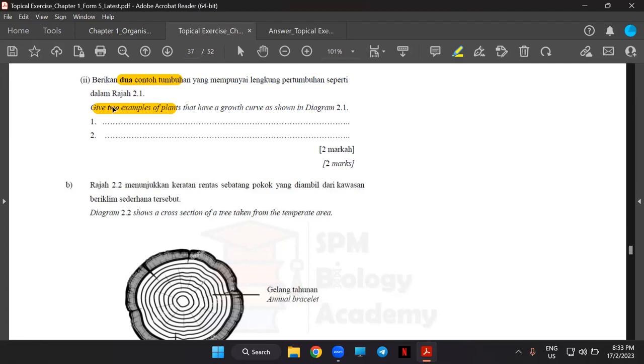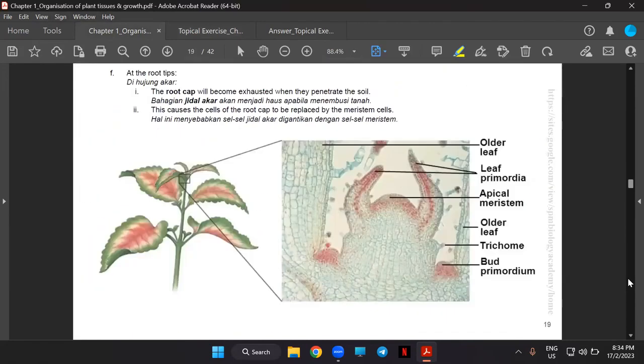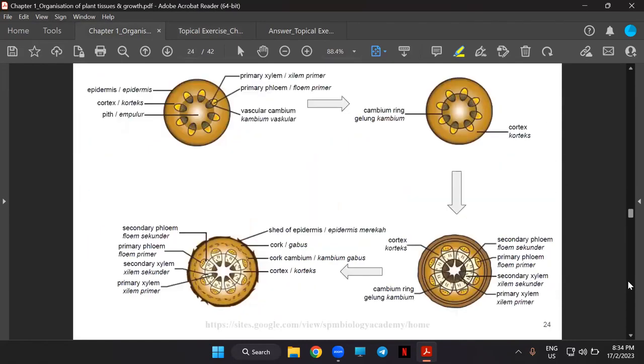For example, you can go for mango, durian tree, mangosteen tree, pokok manggis. Ya, kan? Tak jadi masalah, boleh. Ataupun kalau you nak ambil contoh yang lain, kalau kita lihat di bawah tumbuhan saka, perennial plant.